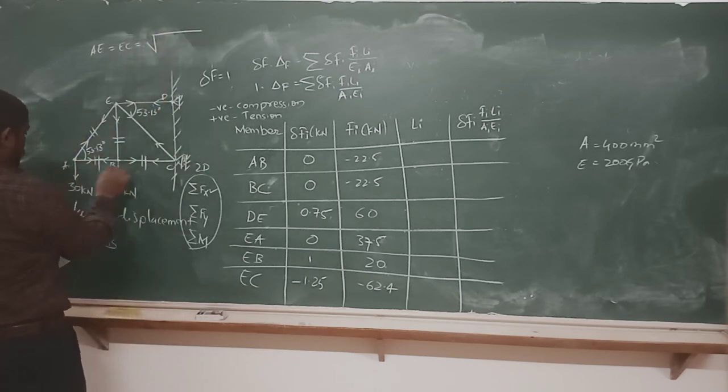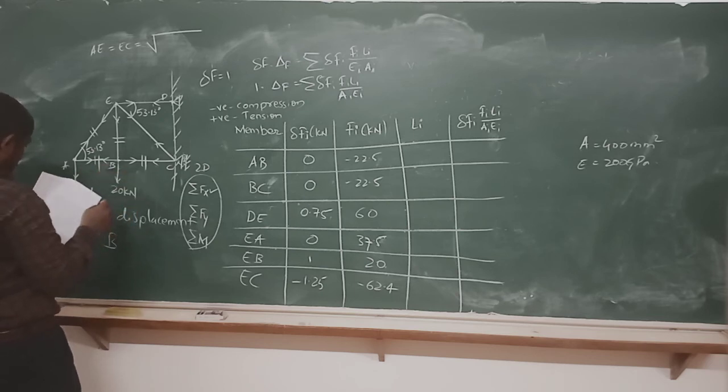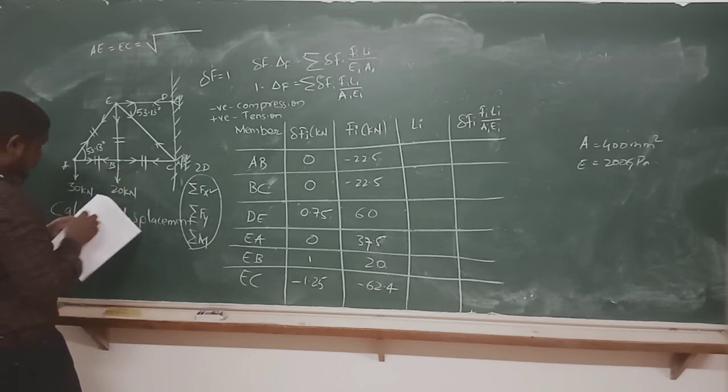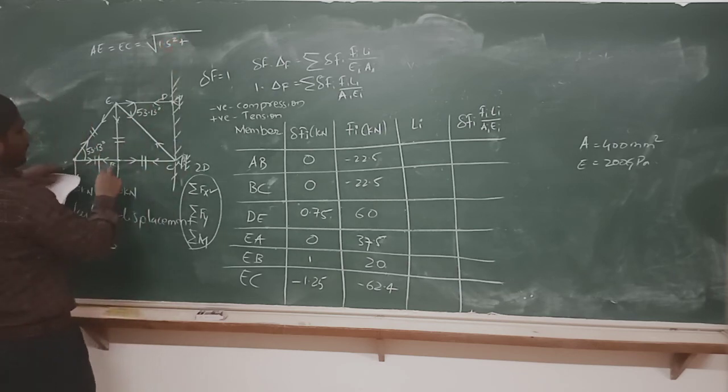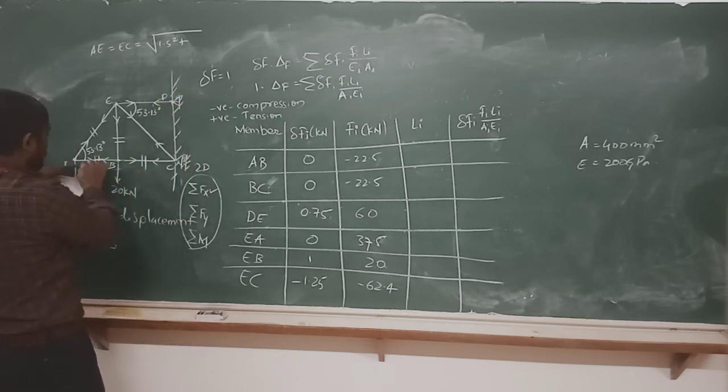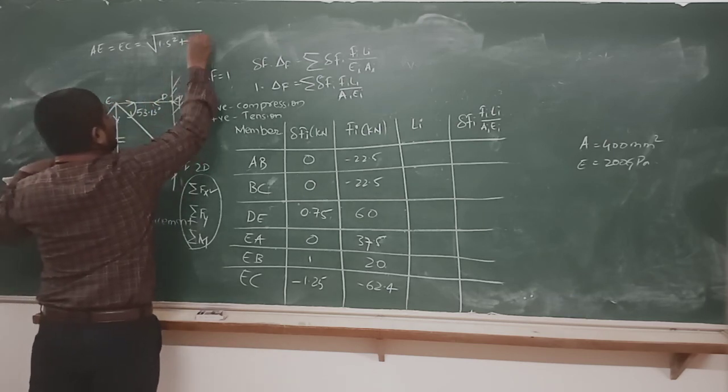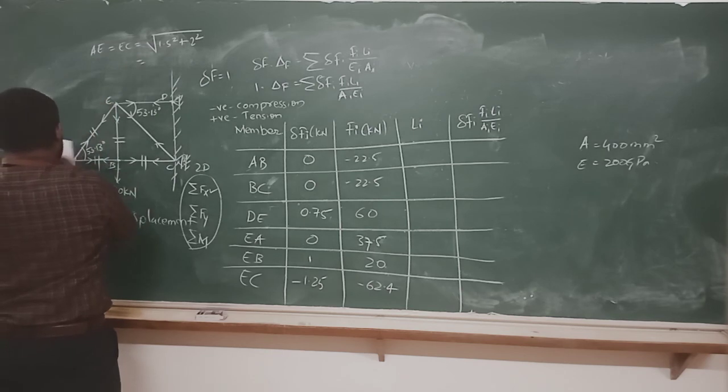EC is equal to under root of how much is this? In the triangle, AB square plus BC square is equal to AC square, which we do know. So same thing I am doing here. So it is 1.5 and this is 2 square. So you will get the answer as 2.5 meters.